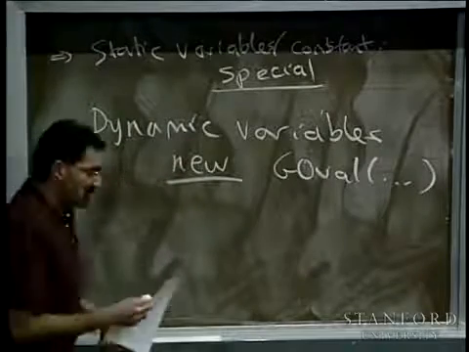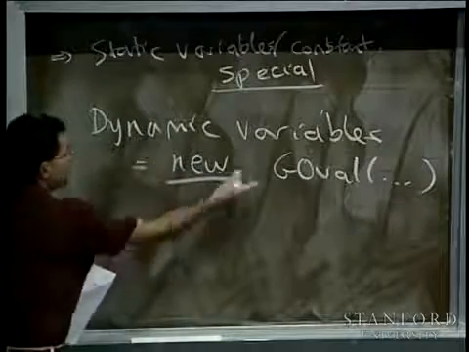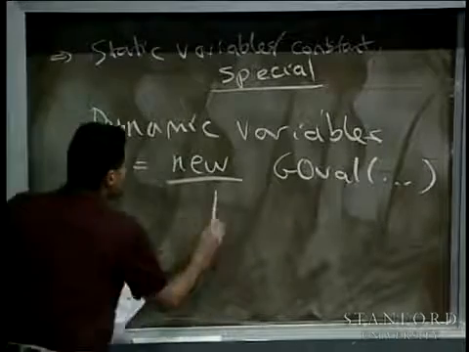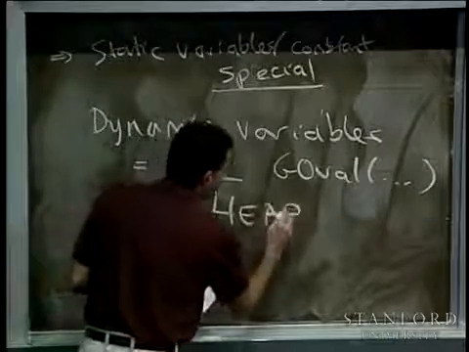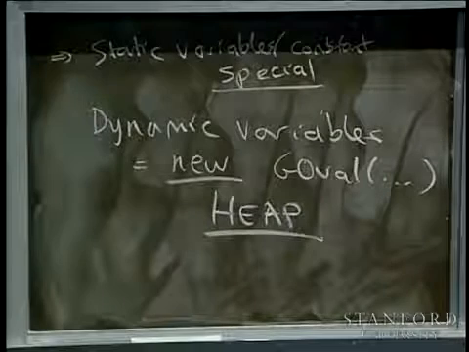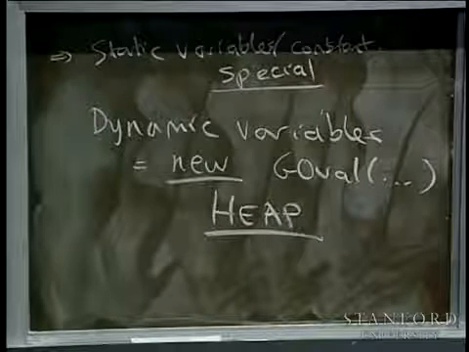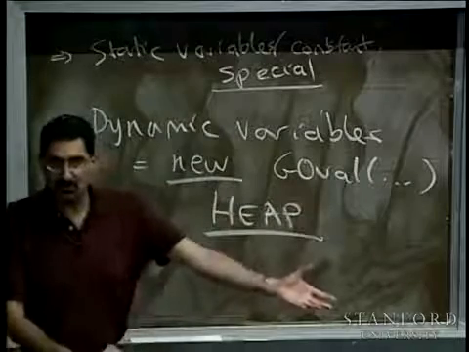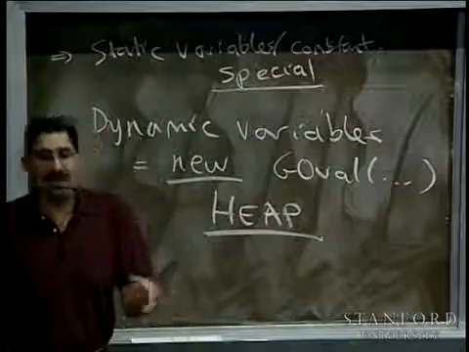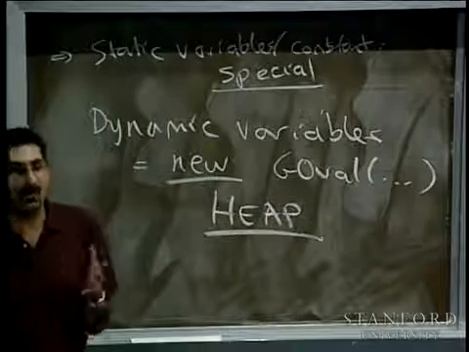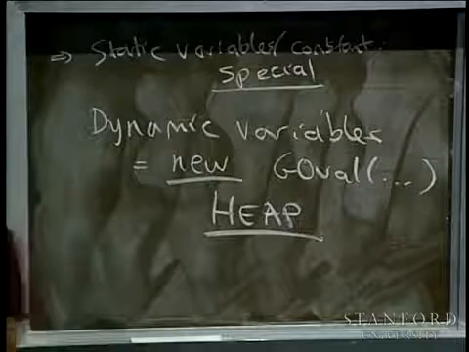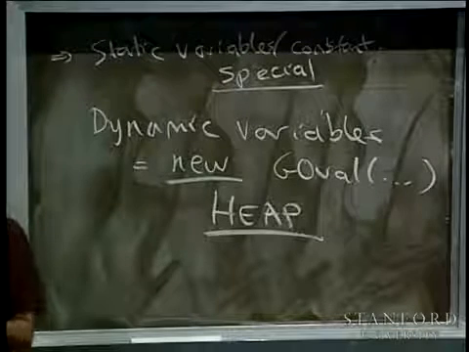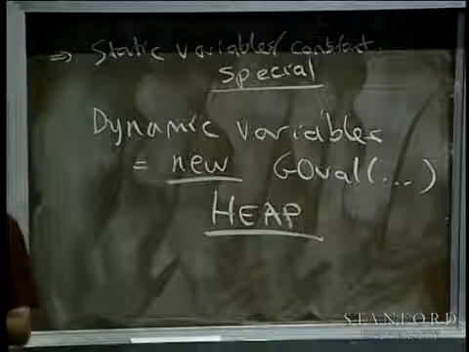The memory that a dynamic variable gets when you do this thing called new comes from something called the heap. The way you can think about the heap is it's just like a big pile of clothes. When you need clothes, you come along and say, hey, I need some new clothes, and it gives you some clothes. And when you're done, you sort of just say, hey, I'm not wearing those clothes anymore. And somewhere magically down the line, when there's a piece of clothing that you stop wearing, the computer knows that you've stopped wearing it and says, oh, I'm going to go take that memory back.